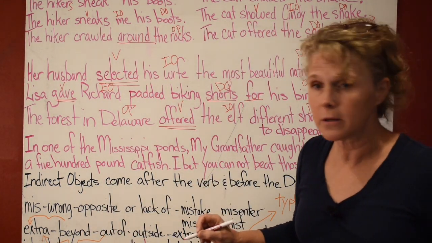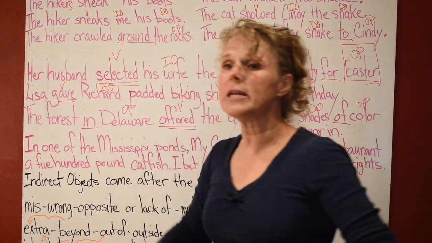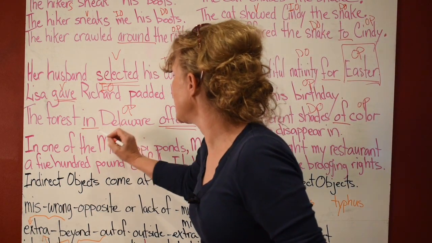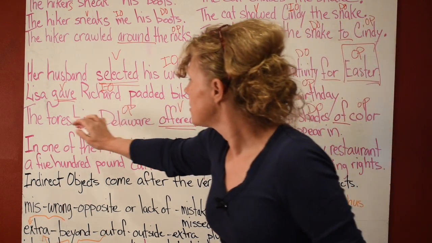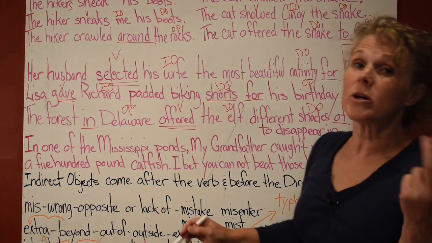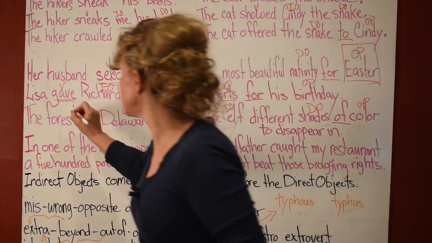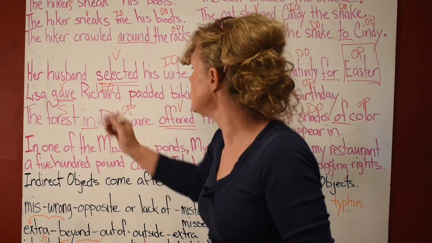In. It's in Delaware. You're inside of Delaware, right? So there is your preposition. It has a relationship with Delaware. The forest in Delaware. What's your subject? The forest is the subject. Who did the offering?